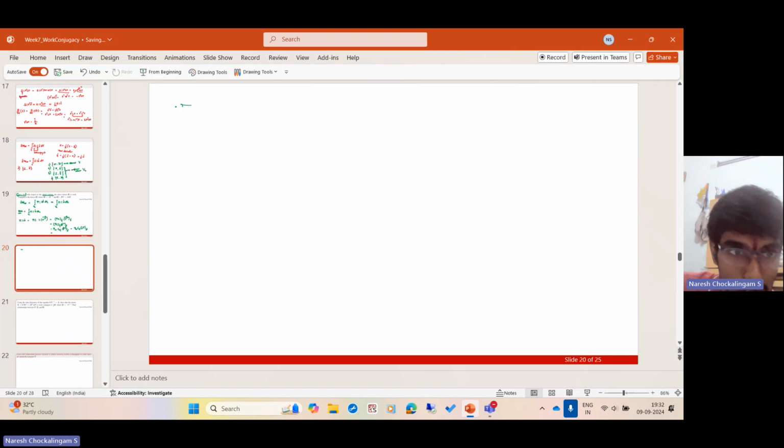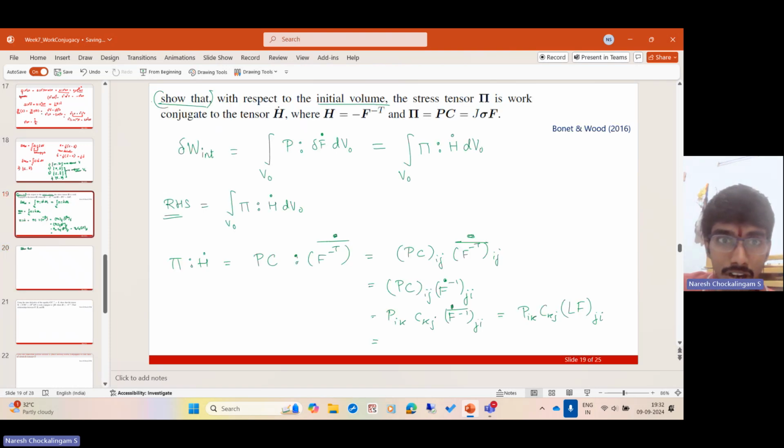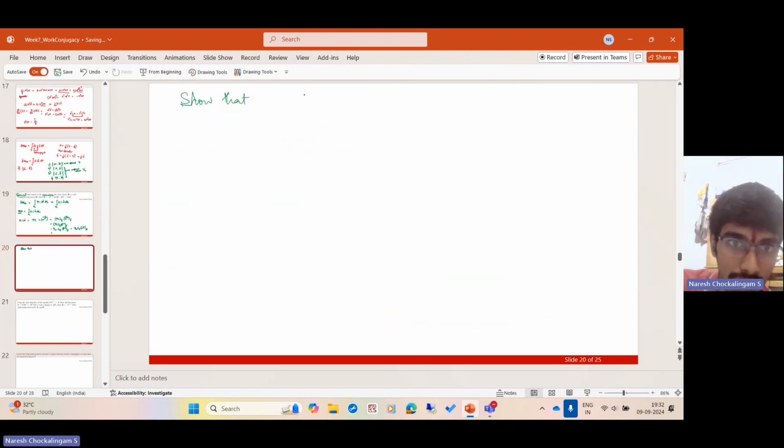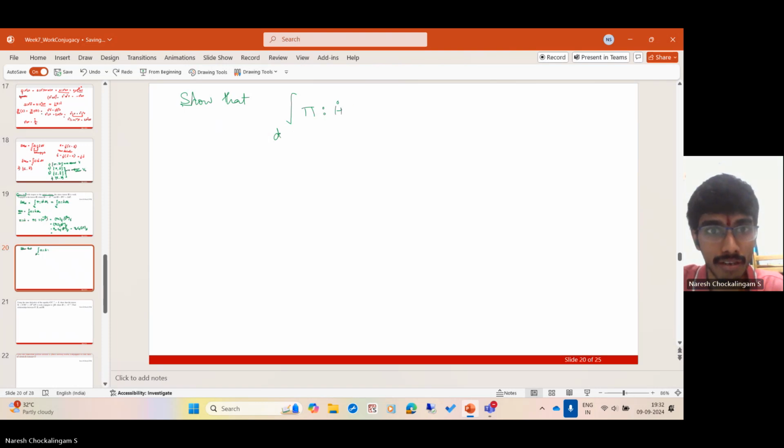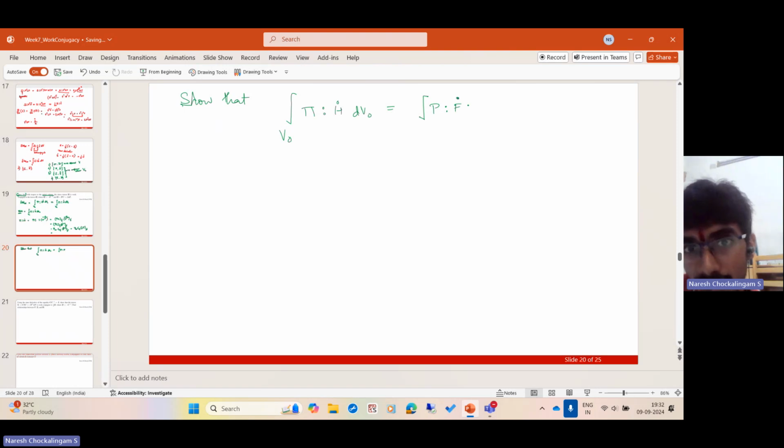We have to show that to show that pi and H dot are work conjugate to each other, we have to show that the integral of pi contracted with H dot dV naught integrated over the volume is equal to this P double contracted with F dot integrated over the volume.